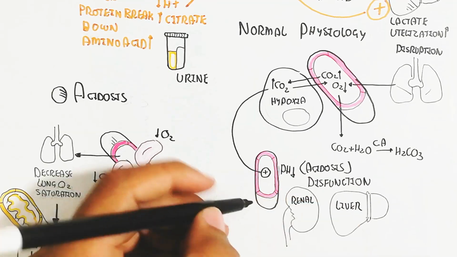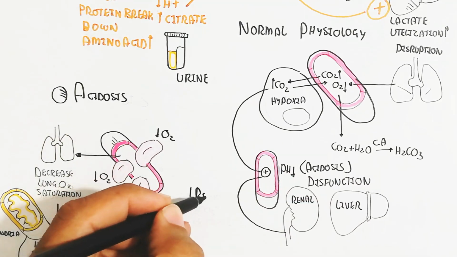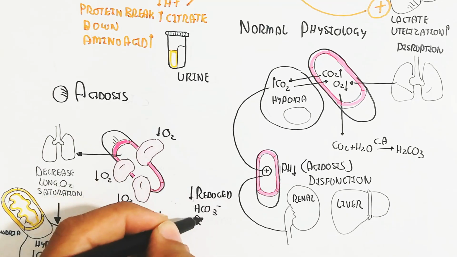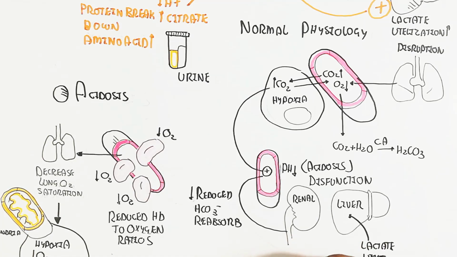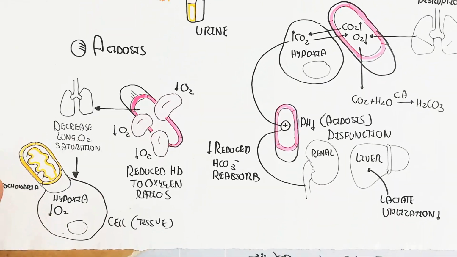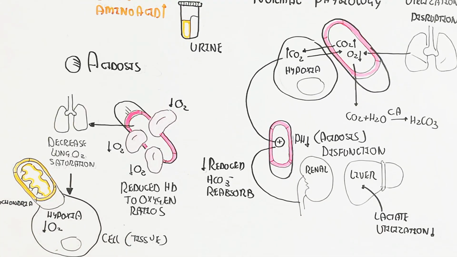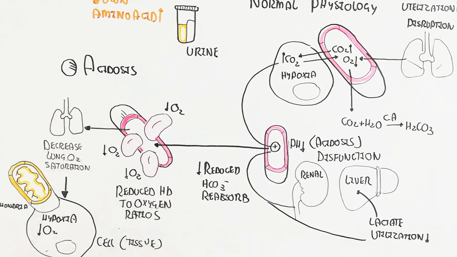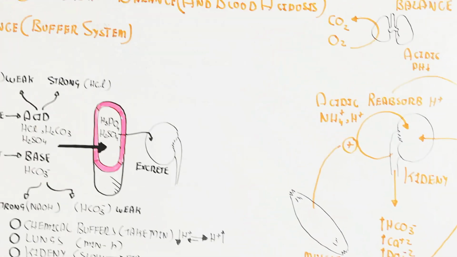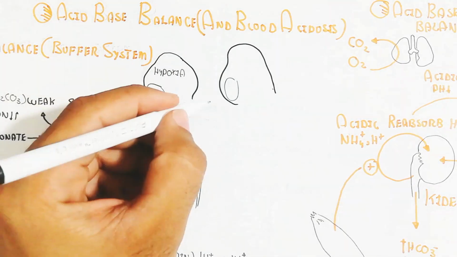This carbonic acid leads to acidosis if too much proton is not excreted, and the pH drops. With dysfunction of the kidney as well as the liver, lactate utilization decreases and HCO3 reabsorption is reduced, so acidosis occurs.